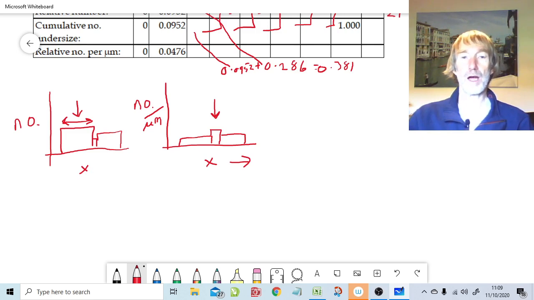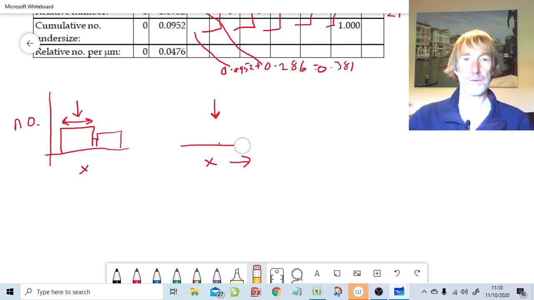There is a more involved reason, a mathematically better reason, and that's to do with the functions. Sometimes we have discrete functions, which is what we have in this tabular data, and sometimes we have equations.